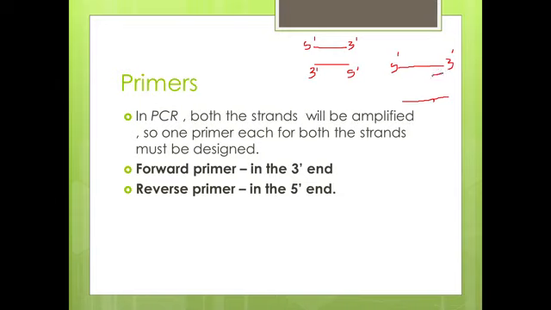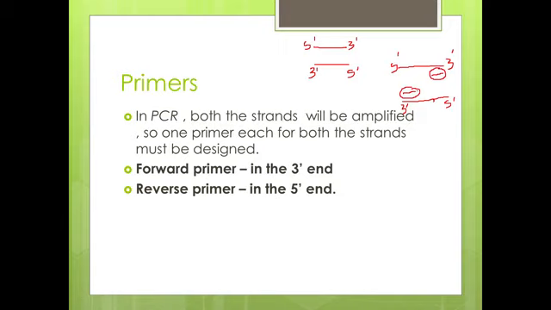So here is one primer and this is another strand here, 3' to 5', right? So here the second primer will bind at the 3' end, just like this. So we require two types of primers. One type of primer is called the reverse primer, and the other type is called the forward primer.